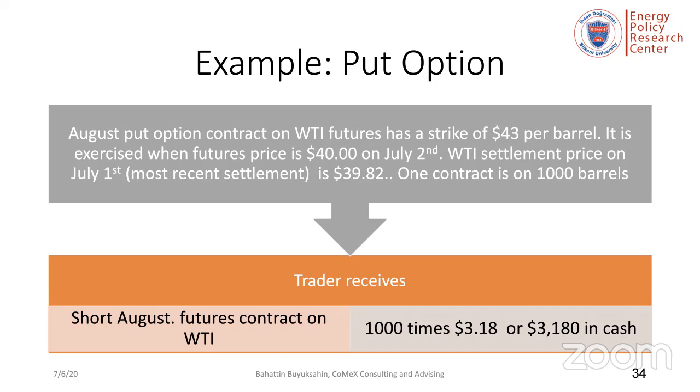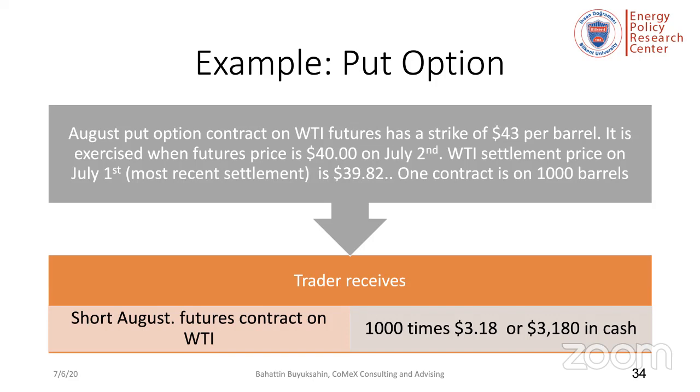And at the close of trading on July 1st, the last settlement price was 39.82. If the option is exercised, because the strike price is higher than the spot price, the trader receives a cash amount of $3,180.